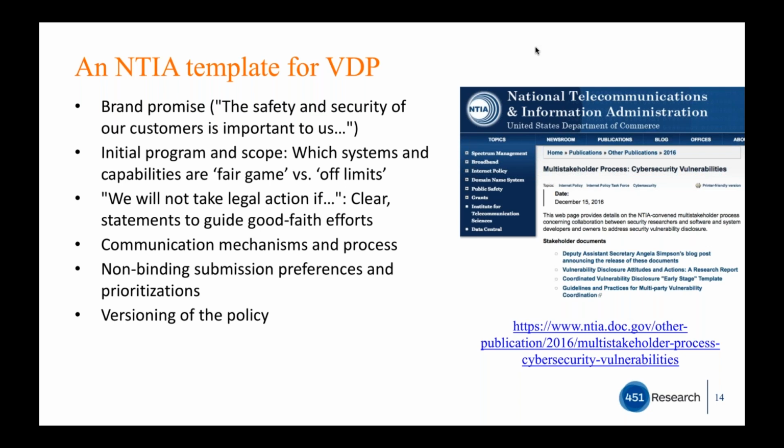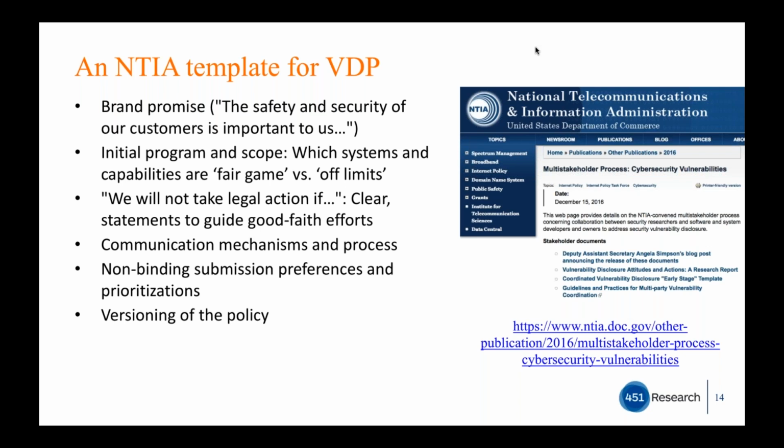And these 6 key points that are described in the NTIA template boil down to, first of all, the brand promise. In other words, putting a stake in the ground as far as making a statement about the safety, security of your customers, your stakeholders being important to you, and therefore you think it's worthwhile to promote a vulnerability disclosure process.